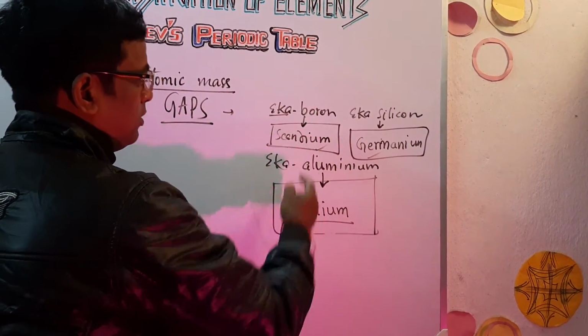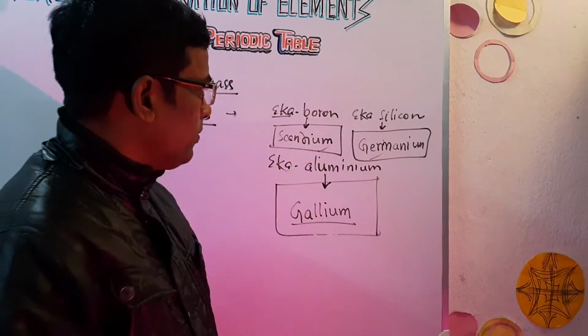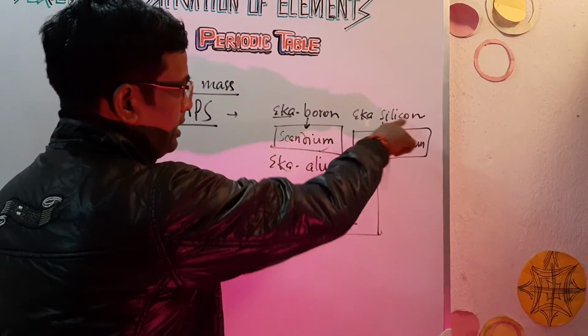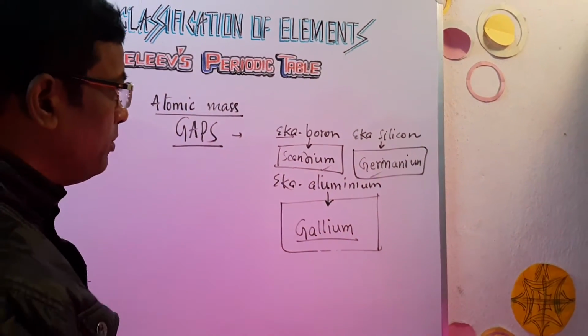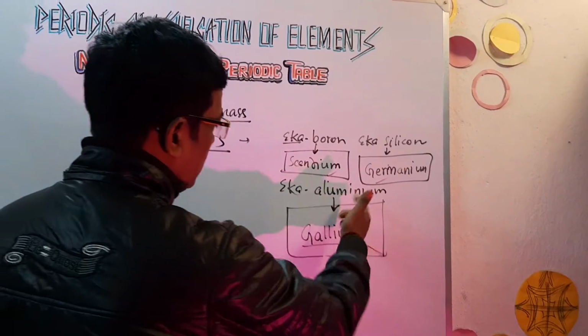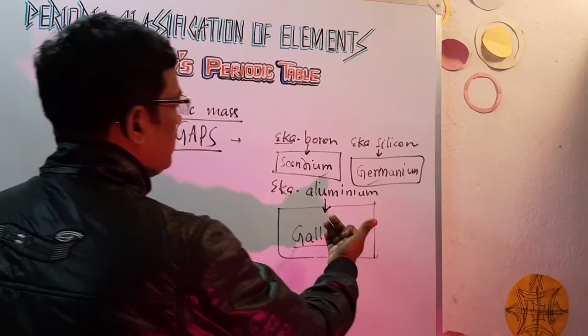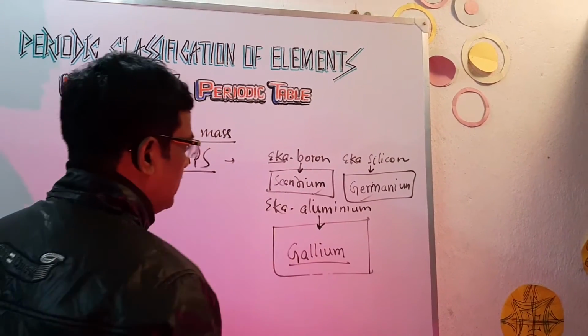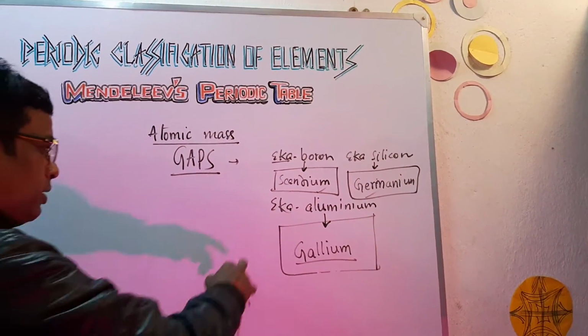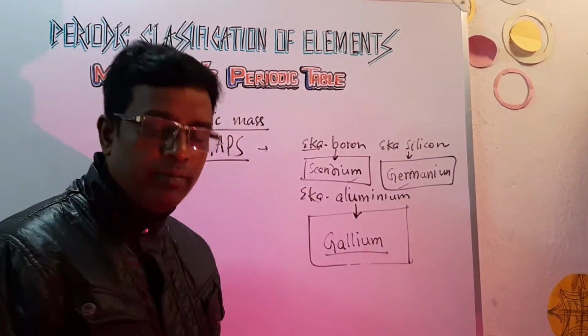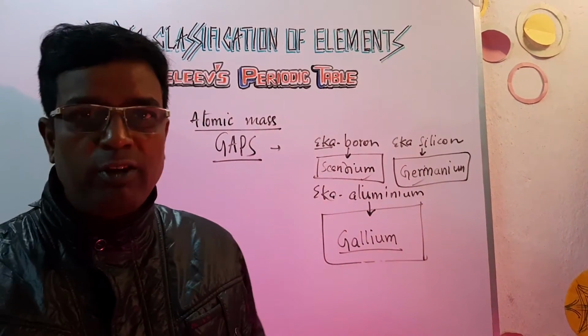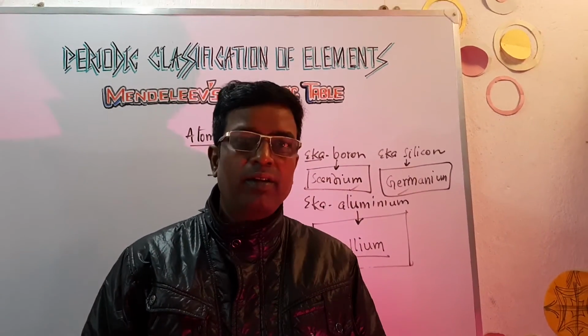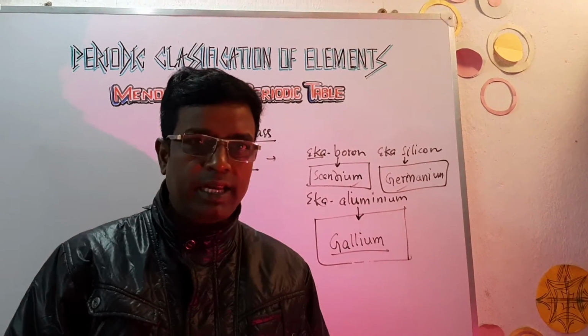Immediately after boron was called Eka-boron. After silicon, it was Eka-silicon, later occupied by germanium. The space immediately after aluminium was called Eka-aluminium, and later on it was found to be gallium. So he successfully predicted the properties of elements not yet discovered at his time.